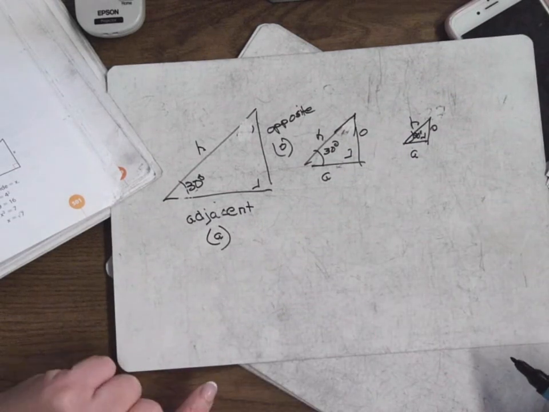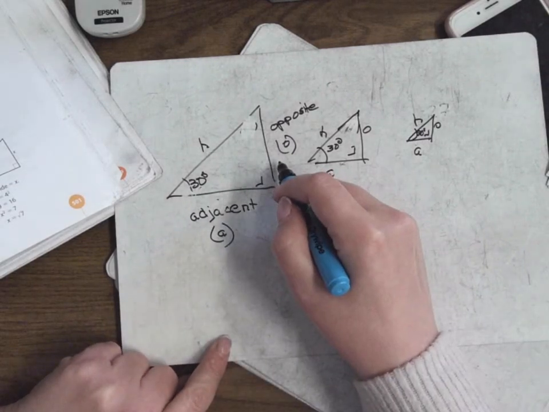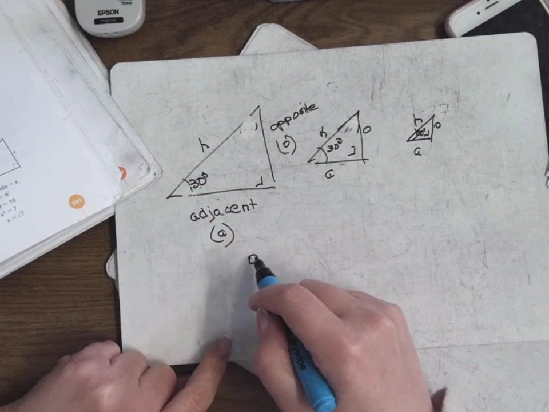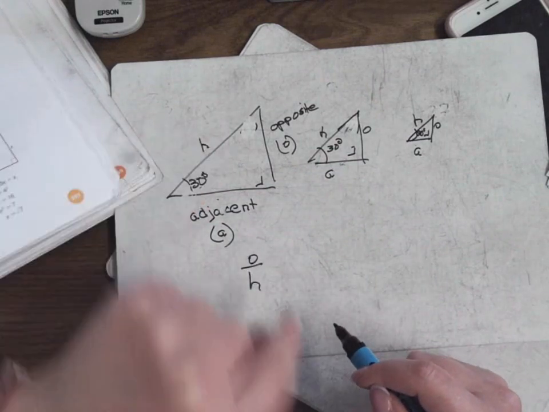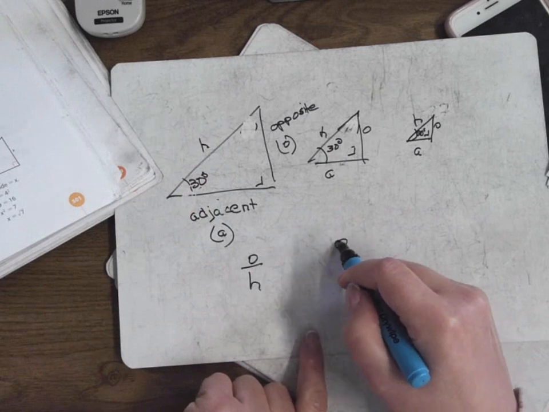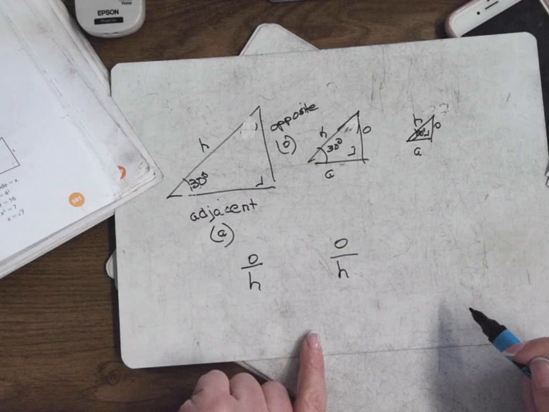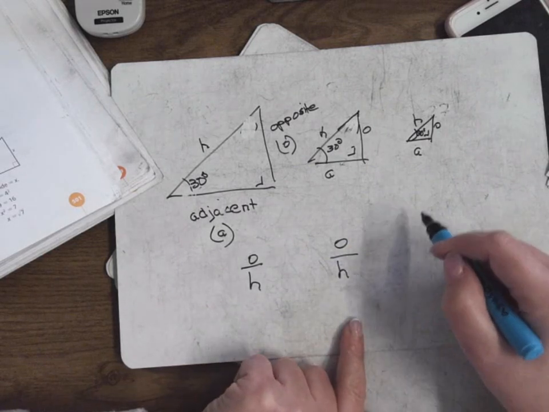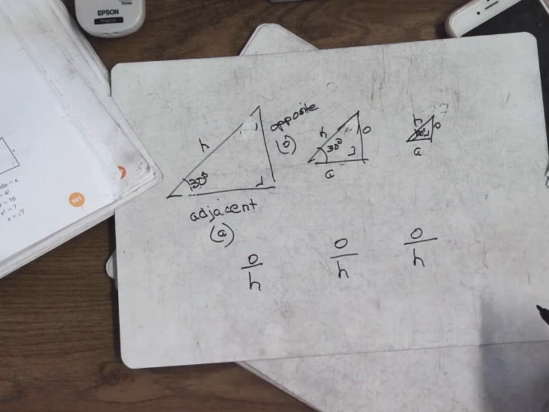So what the mathematicians did was take the length of the opposite side and divide it by the length of the hypotenuse in this triangle. They took the length of the opposite side and divided it by the hypotenuse in that triangle, and they took the length of the opposite and divided it by the hypotenuse in this triangle.